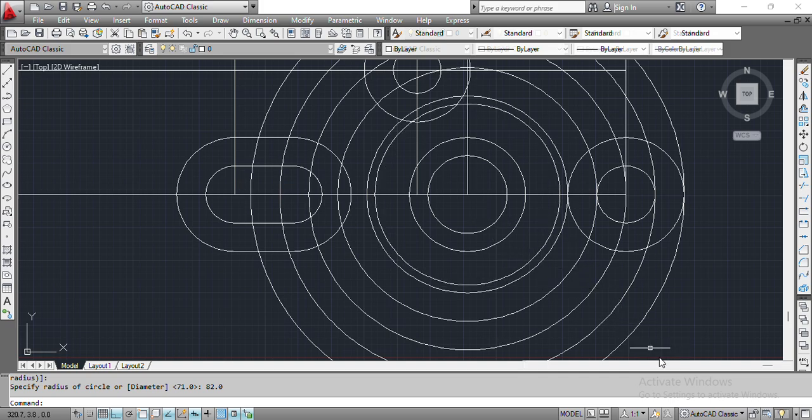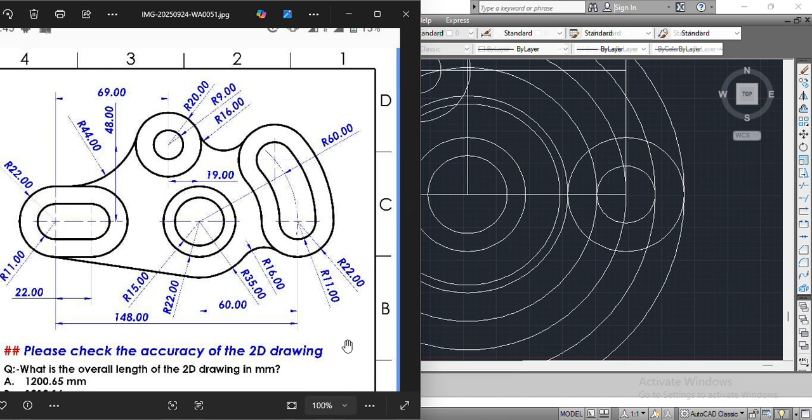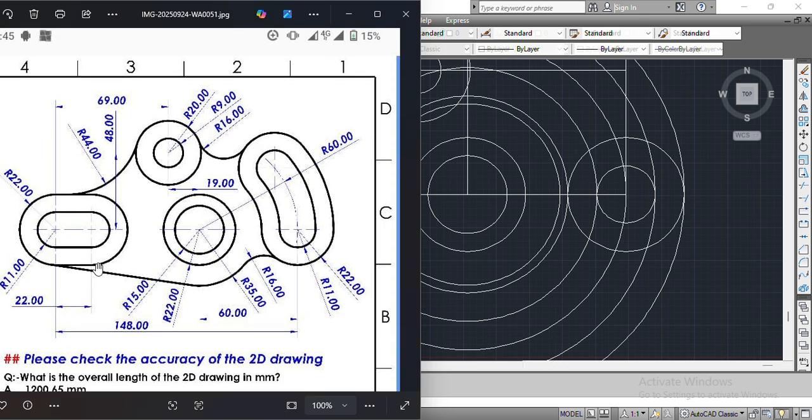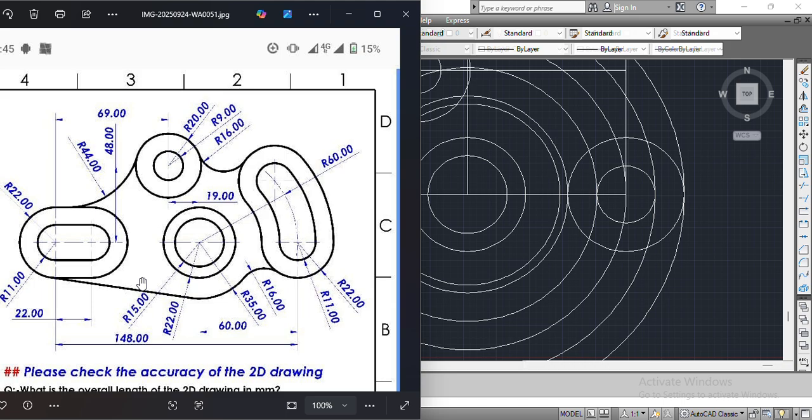So from that we are going to draw another line. We are going to draw a line joining the quadrant of this circle here, this half a circle, to the tangent of this R35.